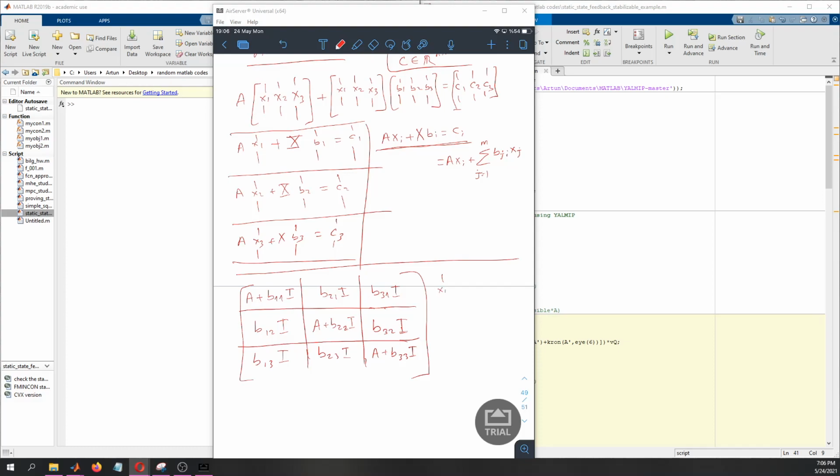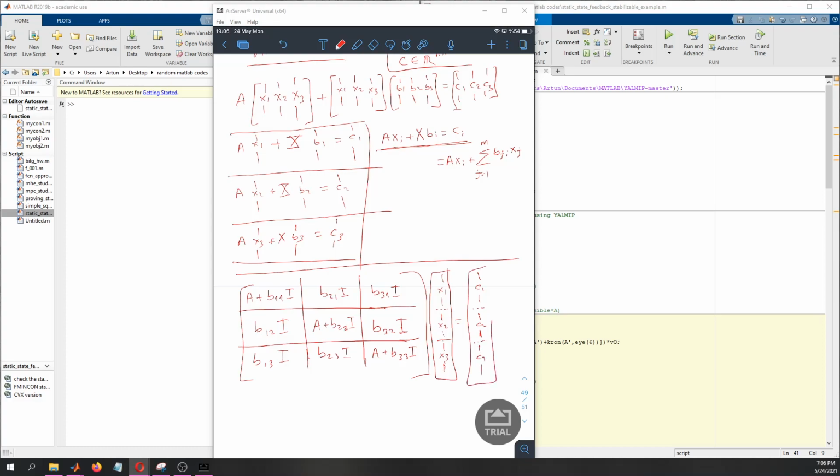What does it equal to? Let me write this in this notation: x1, x2, and x3. Let's only think as if the X matrix has 3 columns. And it equals c1, following the same notation, c2 and c3.